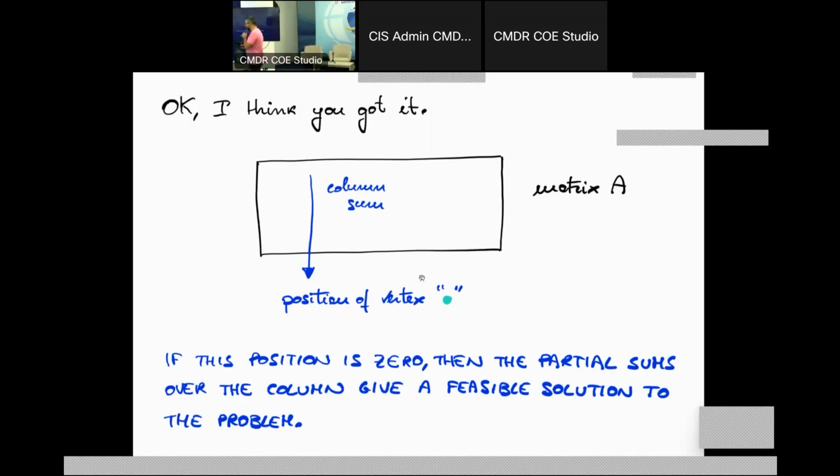And now, when we work with GPU, we can assign. Okay, let's say I will present the ideal approach. Let's say I have a GPU with as many threads as I like, and so I can assign each column of the matrix to a different thread.